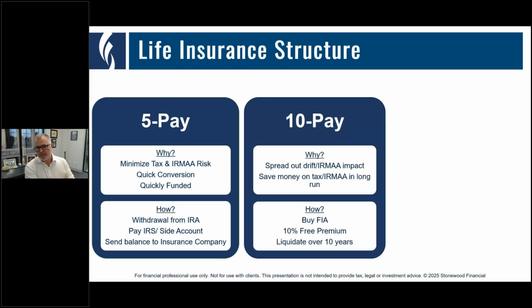Because that way I can sell them a new fixed index annuity or even a 10-year MIGA, and then use the 10% free of that annuity to then fund the life insurance premium. And so I can have two new financial instruments that I've put in place for my client. It's a nice clean way where we're still able to fund the life insurance. We're using a new annuity to do it. And it's still done in a relatively quick time frame of 10 years.